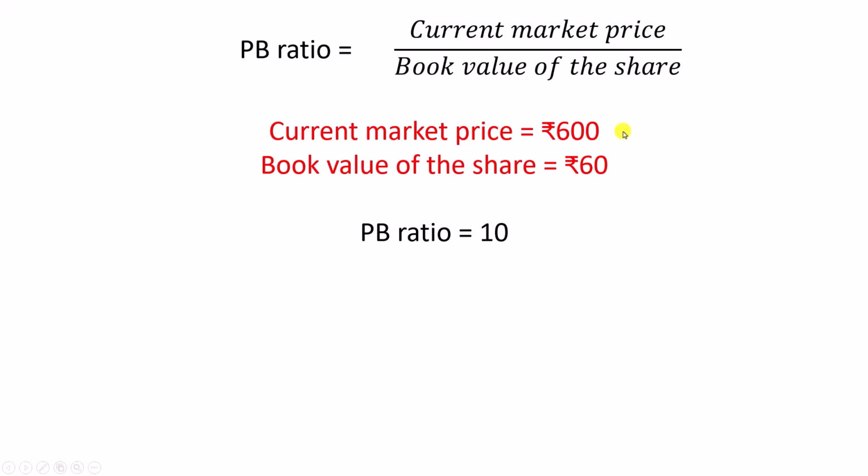All the people to whom the company owes money will come and take their money. Then after that, whatever remains will be distributed among the shareholders, and this is what I get. That's all. I had bought by paying 600 rupees per share, but I am getting only 60 rupees back. So this is book value of the company.